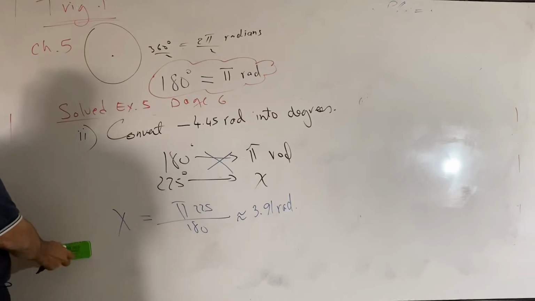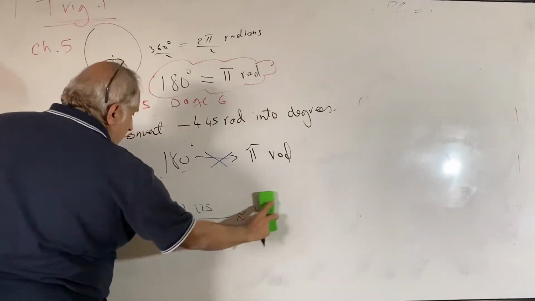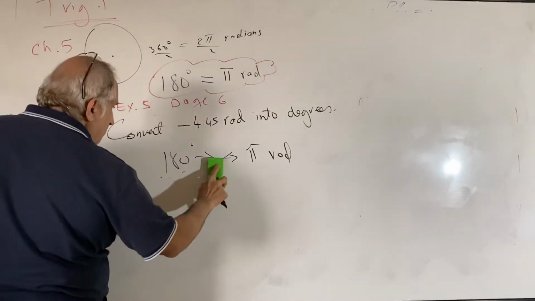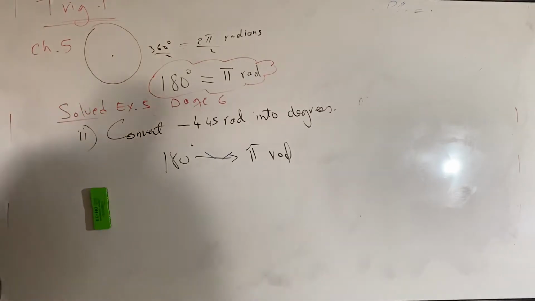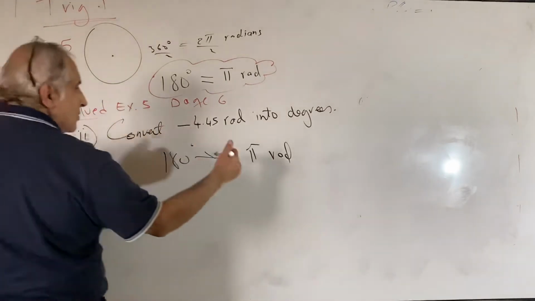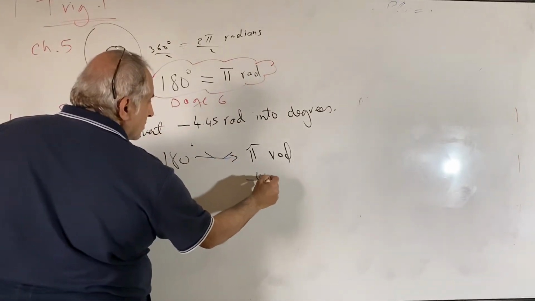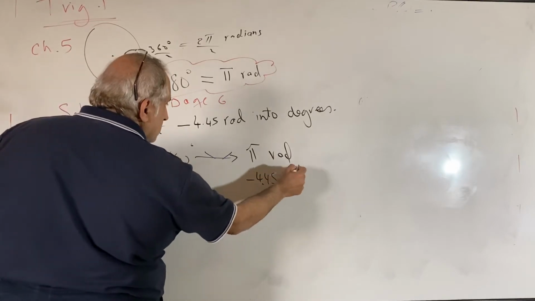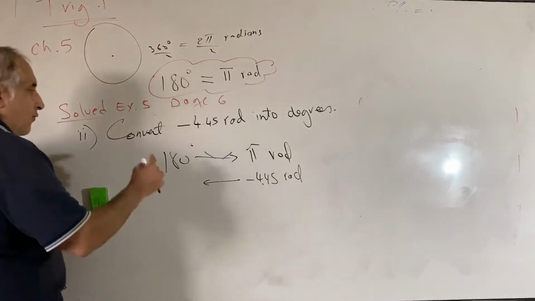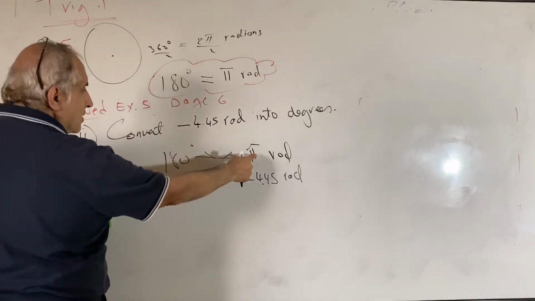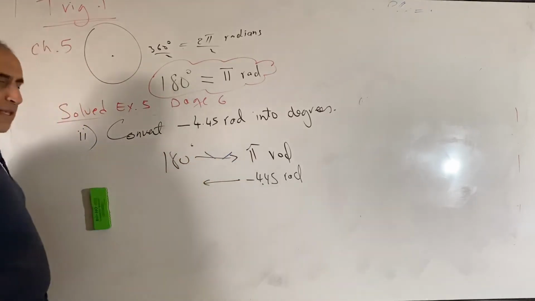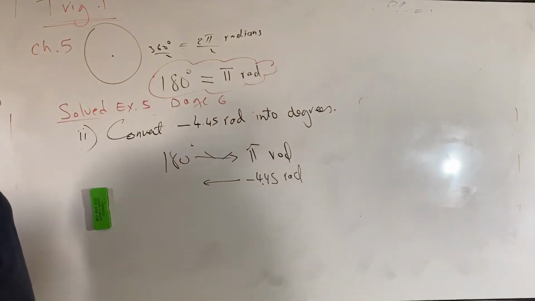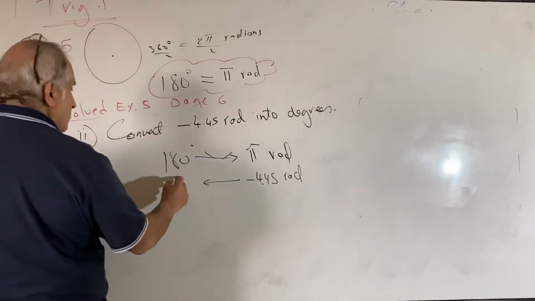So we're going to use the same method, but this time I'm given radians, so I should put it under the radian. And then if 180 degrees is pi radians, how much is a negative 4.45 radians angle worth in degrees?